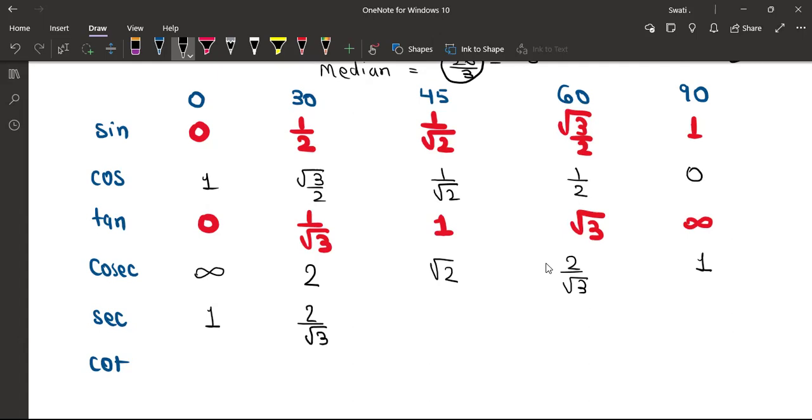Root 2. Very good. Sec 60. 2. Correct. And sec 90. Not defined. Very good. Not defined. And now the cot. Exactly the opposite of tan. Not defined.